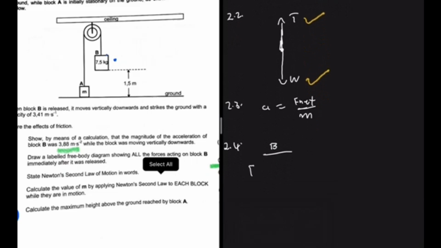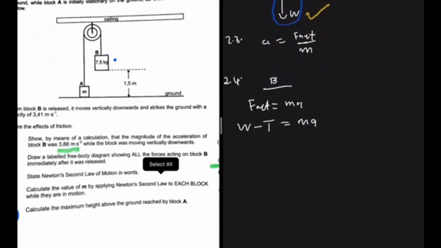So we're going to say F-net is equal to MA, and then we're gonna say the force that is pulling the object minus the force that is opposing. The object is going down, right? So it means that we have the weight pulling our object, and then the tension is opposing. So we're gonna say that the weight minus the tension is equal to MA. So what is the weight?